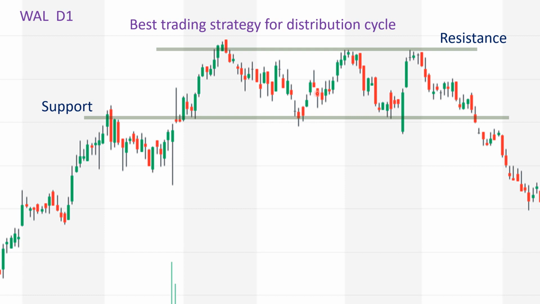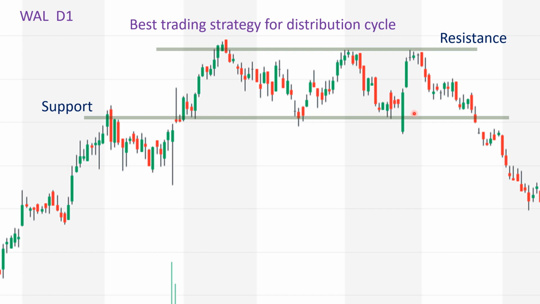In distribution and accumulation, the up days and down days ratio is basically the same. The volatility in a distribution range is high.